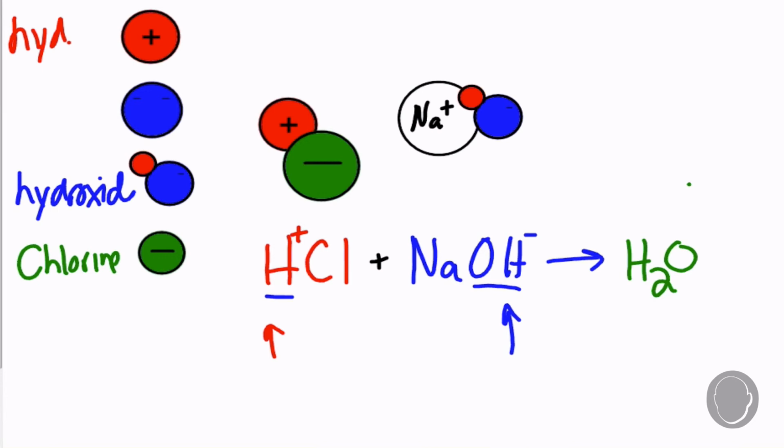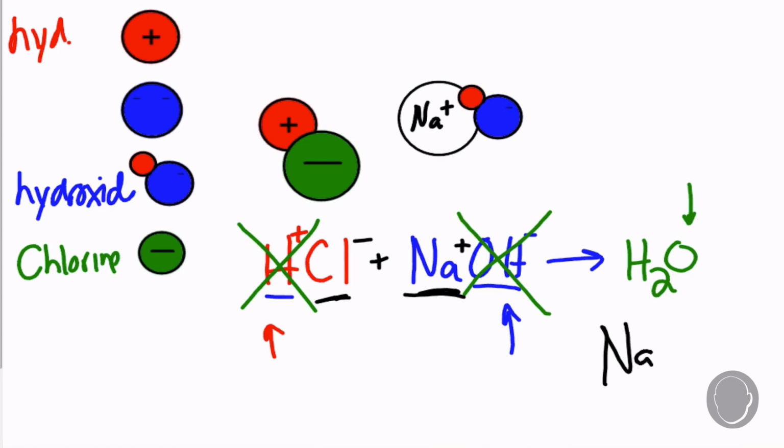But that's gone. That's water. So we've just neutralized our H plus and our OH minus. What we're left with is an Na plus and a Cl minus. Those two are opposites, and we end up with NaCl, or sodium chloride, which is table salt.